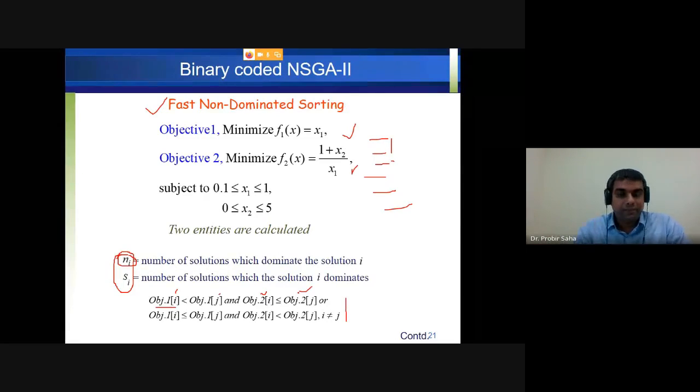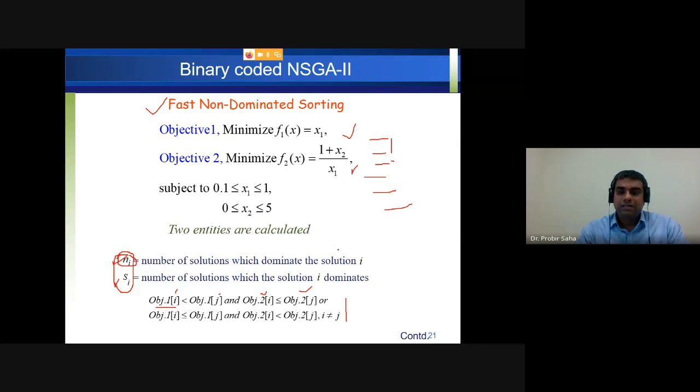If I make a program, I can easily find out how many solutions are actually being dominated and how many are dominating. That means for each solution, I must have an Ni value and an Si value. Ni means how many solutions are dominating it, and Si is how many solutions are dominated by it, right?